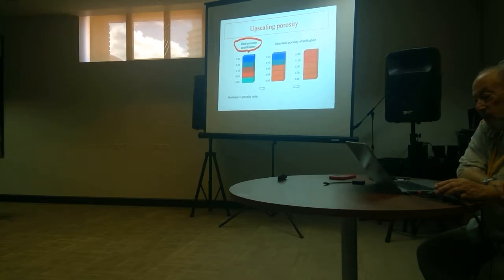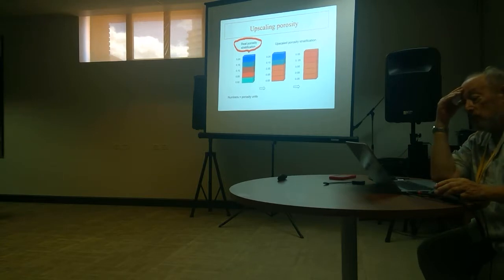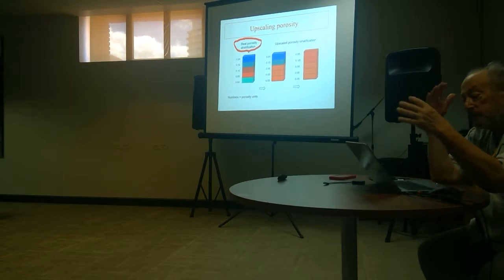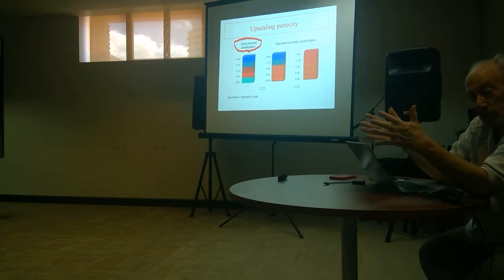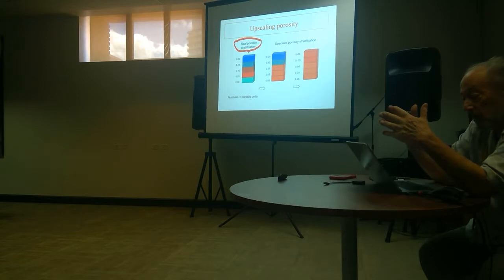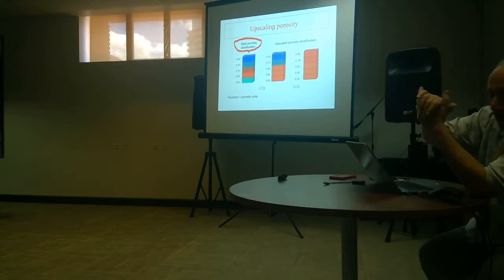You might have this blue bed with 20% porosity, the green one 15%, the brown one 10%, the red one 5%, and 2% down here with this one. But you take this as a geologist to your partner who's doing the reservoir simulation and say, well, here's the porosity layering in that reservoir.